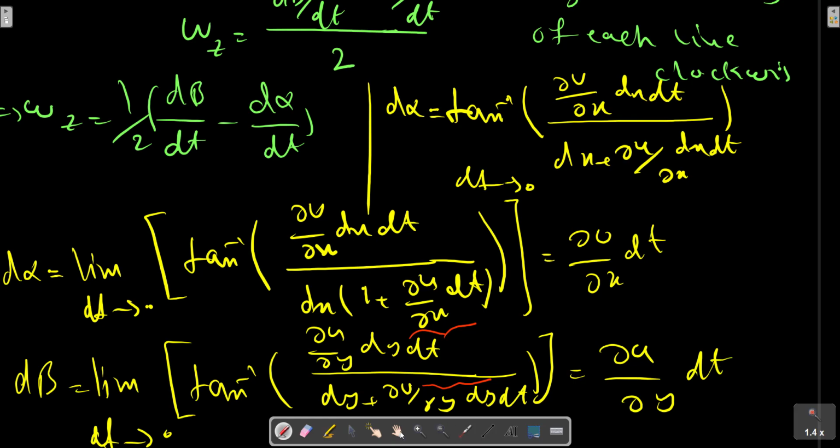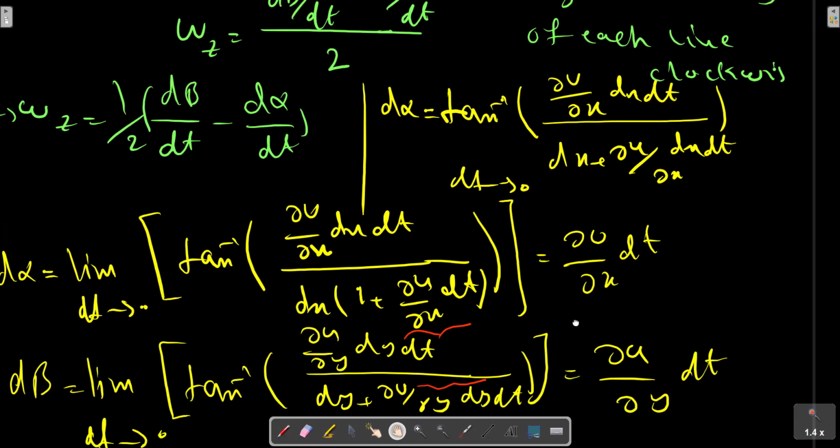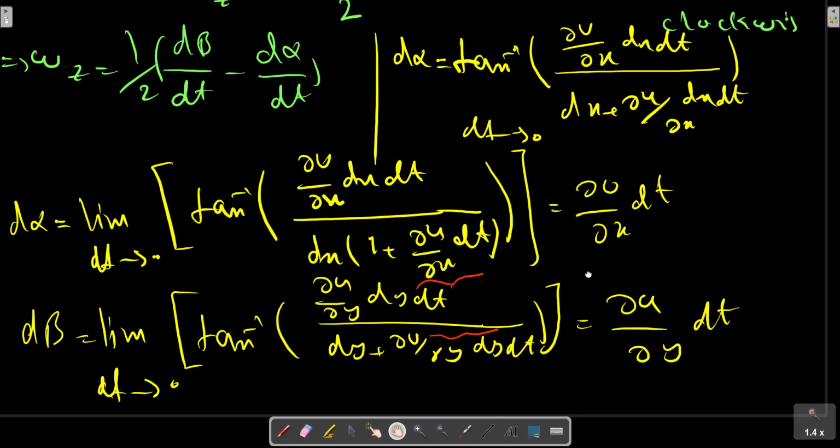So we have two relations for the angular velocity components, and now we can write the relation for angular velocity related to the velocity vector components.